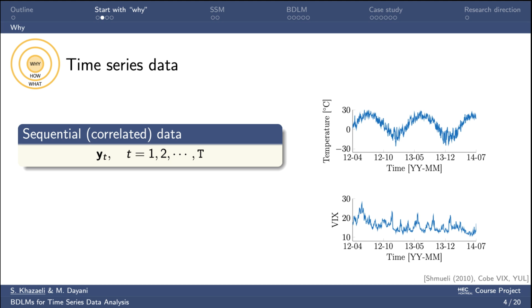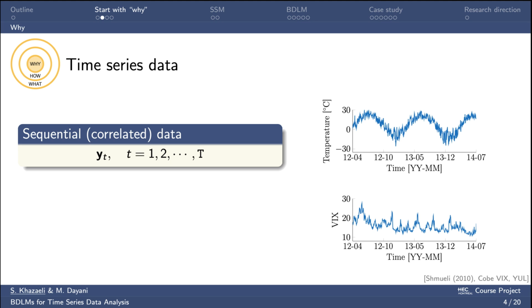If there's a single observation, y will not be bold. On the right, you see 2 time series data, and we will work on these 2 time series data during this presentation. The first data is a temperature collected over the 2 years, and the second one is called VIX or volatility index. It is an indicator of the volatility of the global market. For the better comparison, we selected the data for the same 2 years as of the temperature.